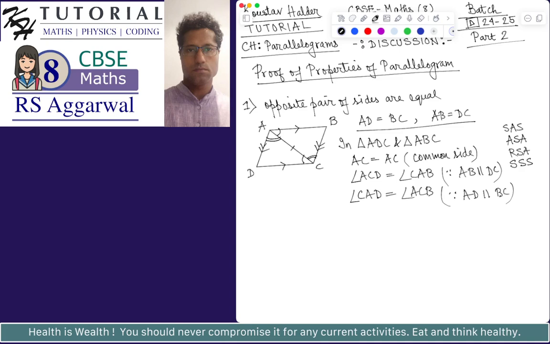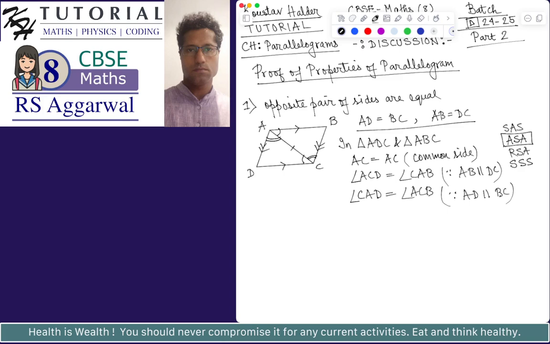Okay, so we have two angles equal and one side equal. So we must have the ASA congruence. Now remember, in ASA congruence it is angle side angle, that is two angles and the side included between the two angles. So we can see that in the triangle ADC, angle DAC and angle ACD are equal to the corresponding angles of the triangle ABC, and also the common side AC is equal.